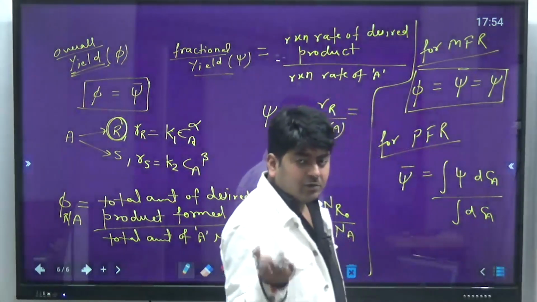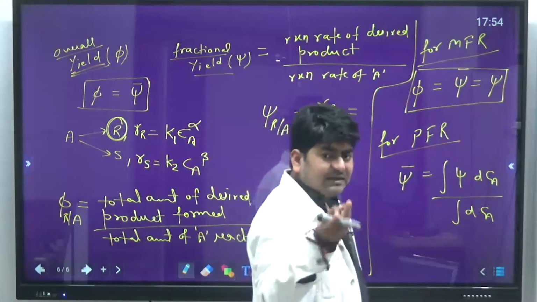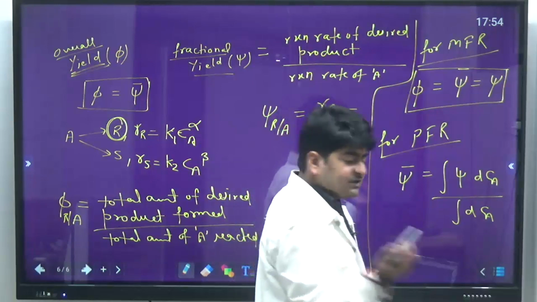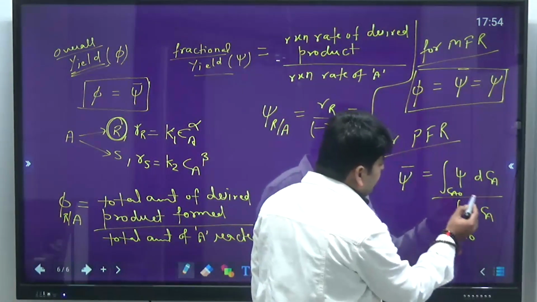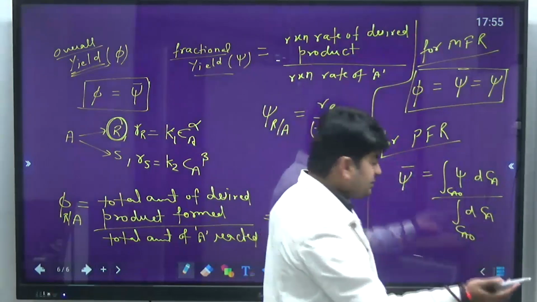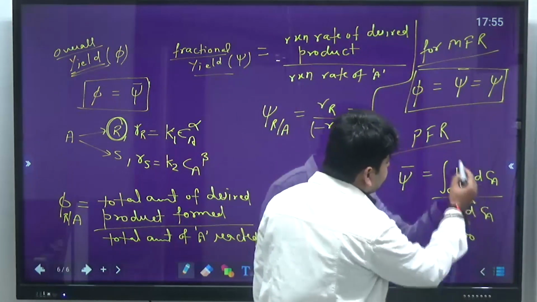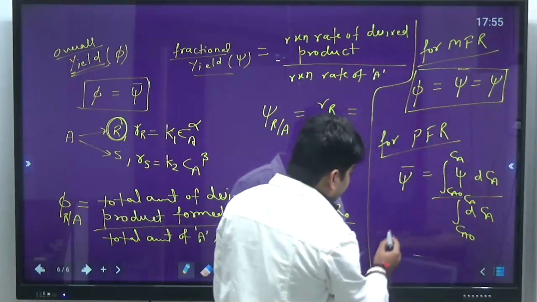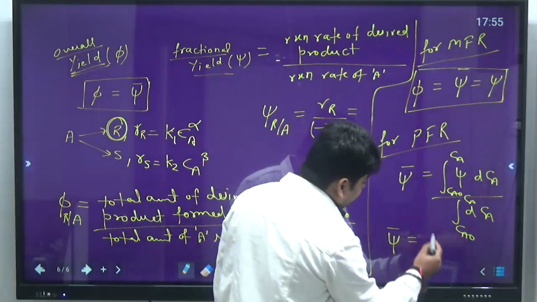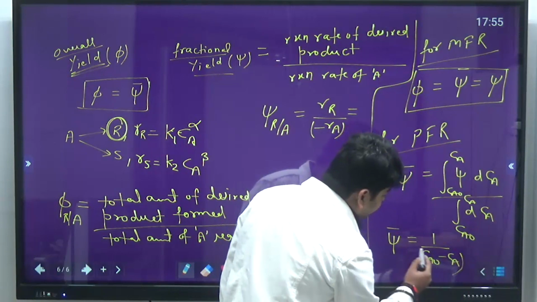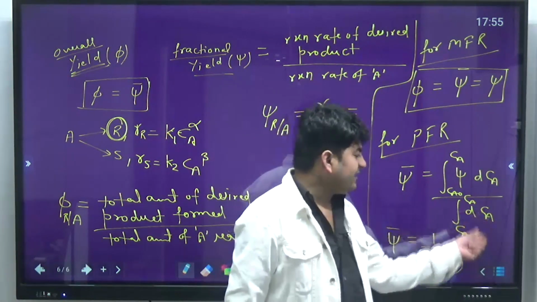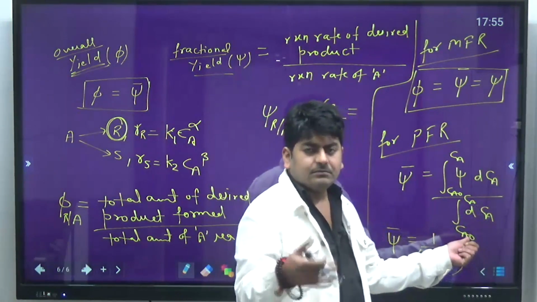In PFR, I hope you know, at length Z equal to 0, concentration will be Ca naught. At length Z equal to L, concentration will be Ca. So average fractional yield will be equal to 1 upon Ca naught minus Ca. In numerator we will have Ca minus Ca naught.